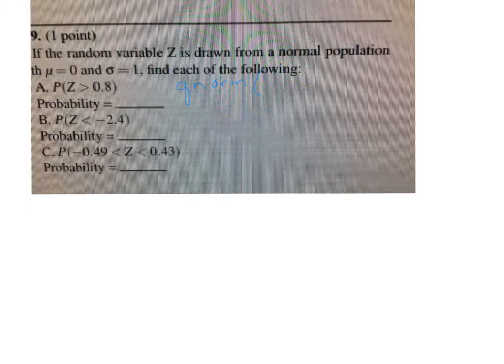You can write q-norm of 0.8, comma, mean equals 0, and sigma equals 1, and it'll give you the value that you need.